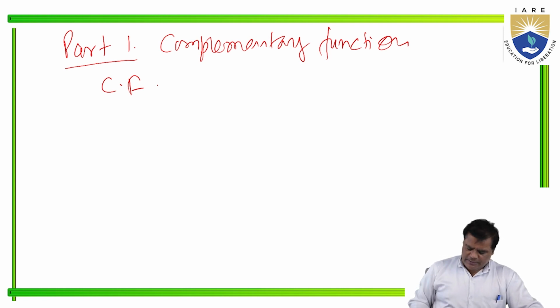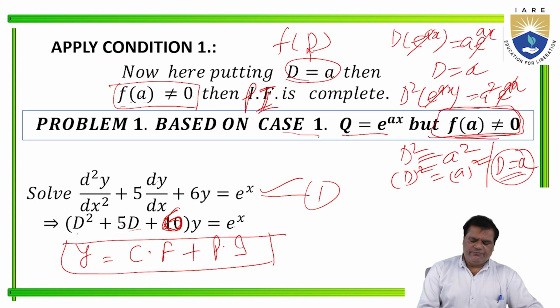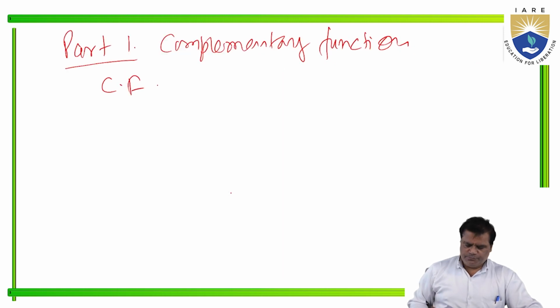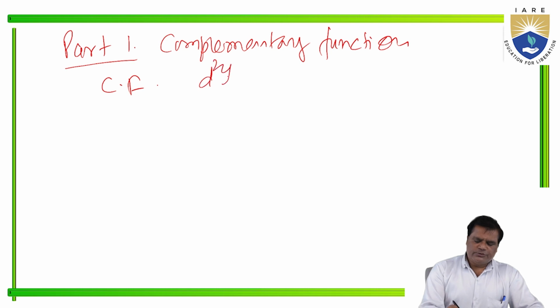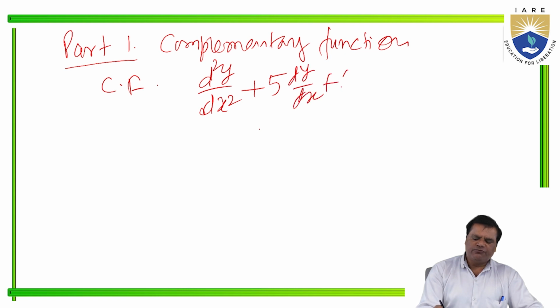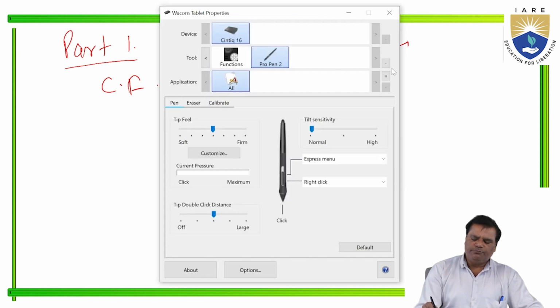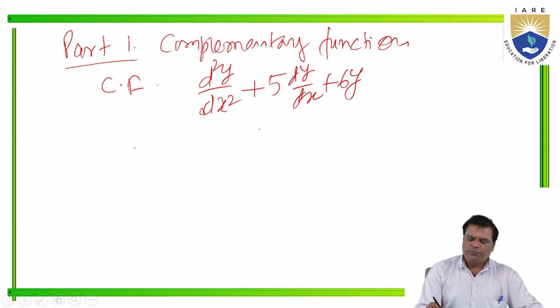To find the CF, we put the right hand side equal to 0: d2y over dx2 plus 5 dy over dx plus 6y equal to 0. Here we put Q equal to 0.